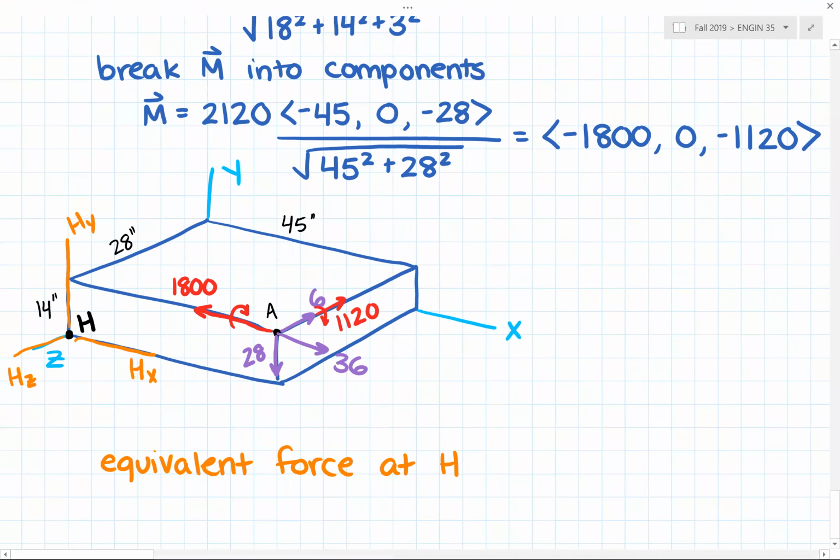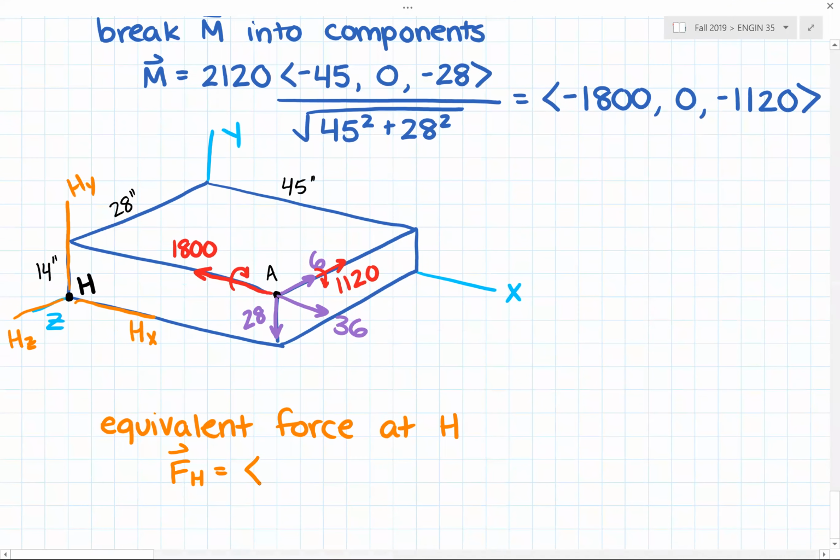So our force at H is going to be 36, negative 28, and negative 6.